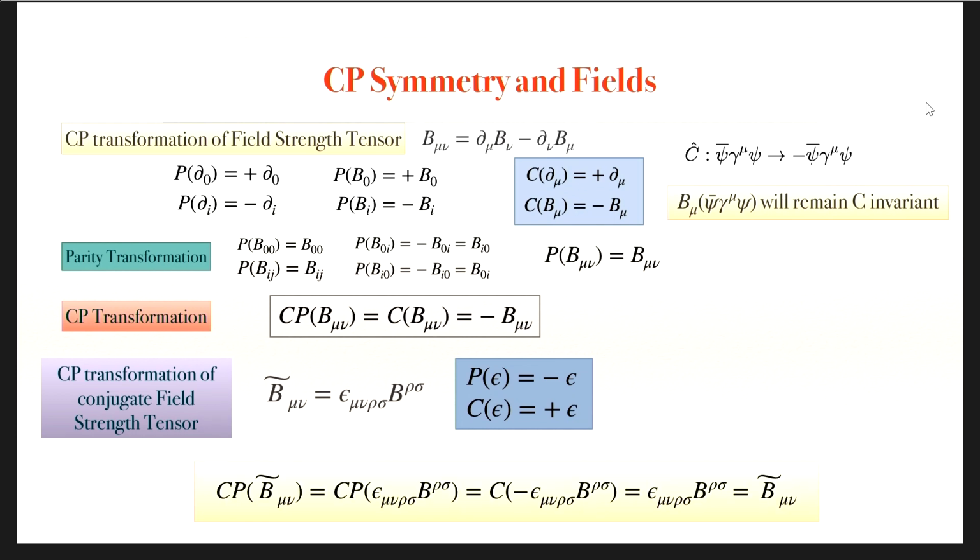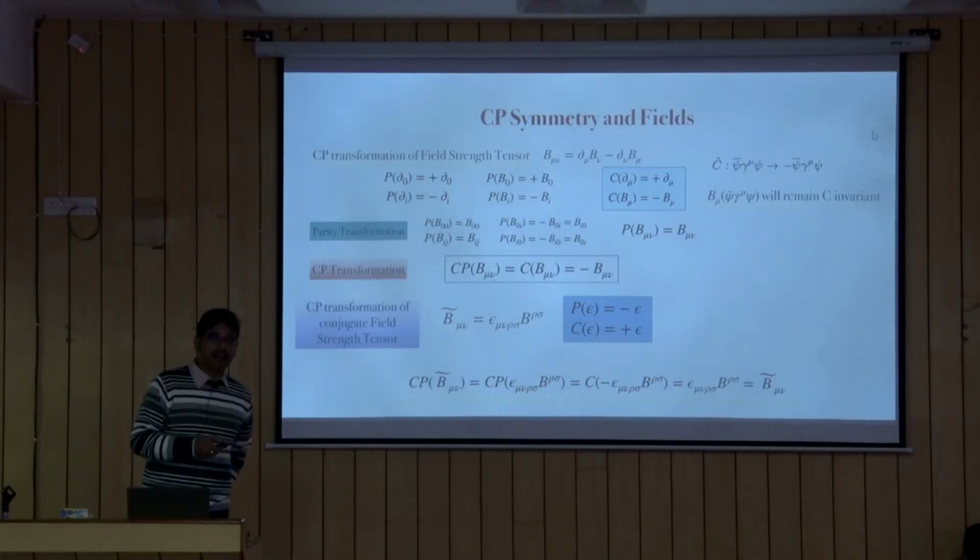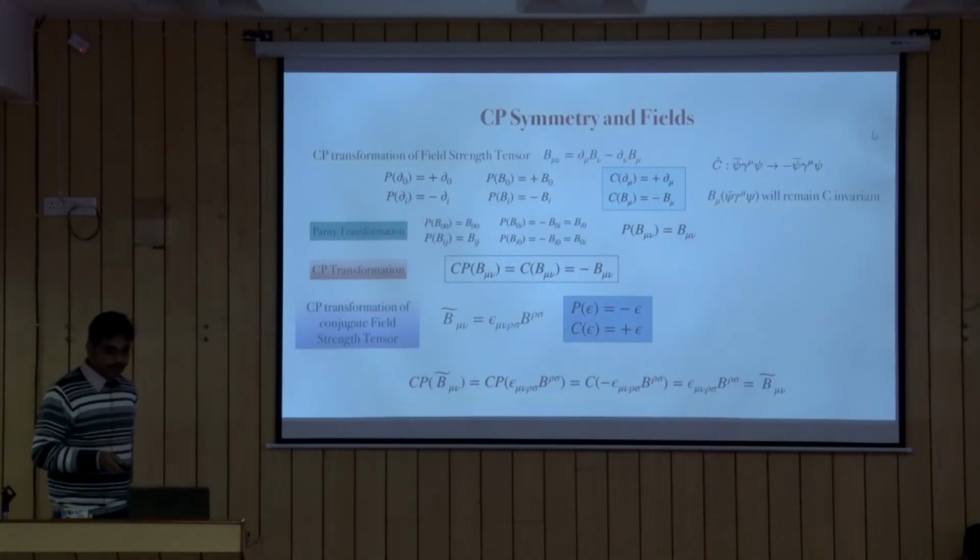Unlike the CP transformation on B mu nu giving you a negative sign, here P acting on epsilon mu nu rho sigma takes another additional sign, and that gets cancelled when the C acts on this field strength tensor and changes its sign. So, B mu nu tilde remains invariant under CP transformation.